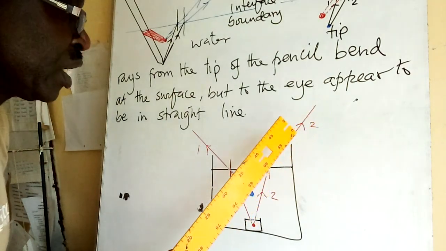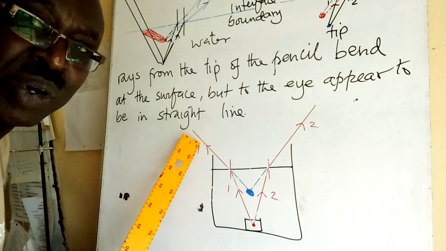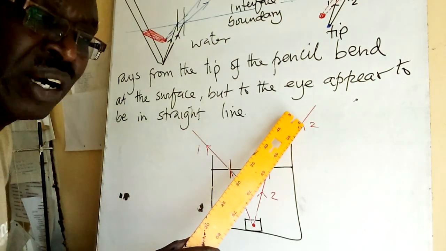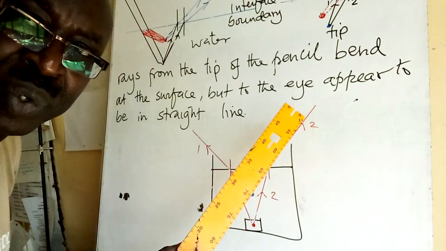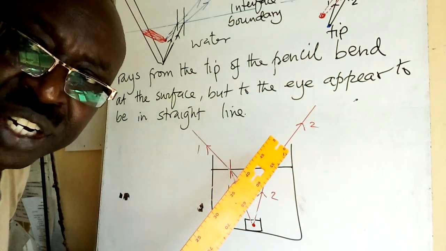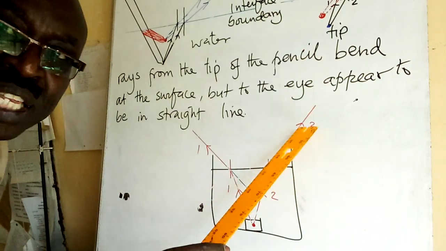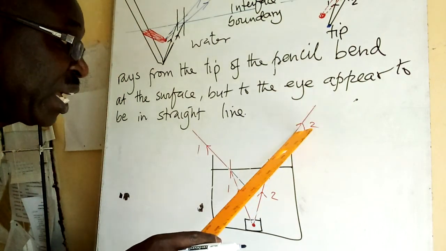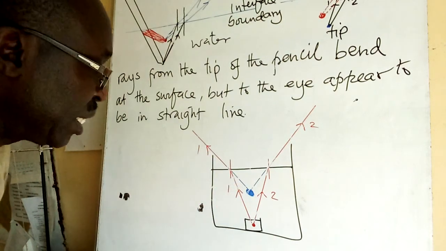It is bent. In air, going to the eye, ray number 1 and ray number 2 appear to be straight. So we extend them because they have to appear straight. They cannot appear bent in the eyes. So they are extended backward, and now you get the image.